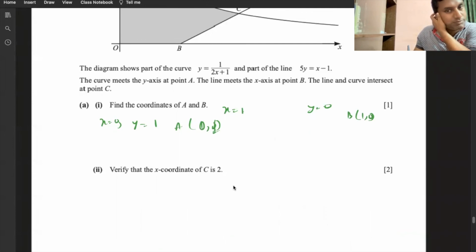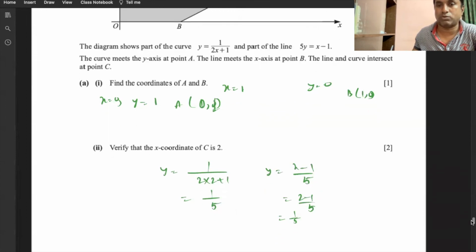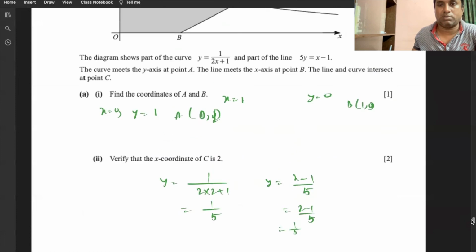Let me use the value here: y equals 1/2 times 2 plus 1, that is 1/5. And y equals x minus 1/5, so 2 minus 1/5 is 1/5. The two values are equal, so yes, the value is 2.